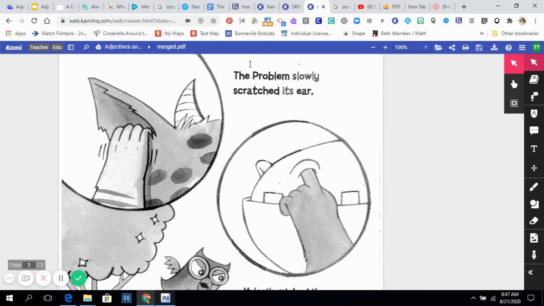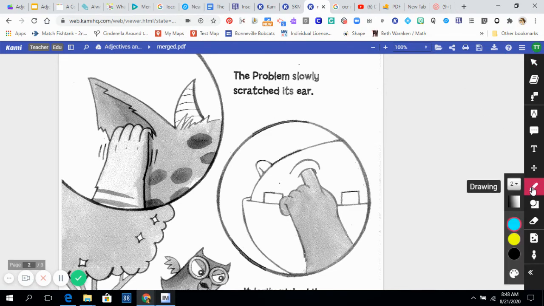The problem slowly scratched its ear. I see the noun determiner and the noun, problem. What did the problem do? It scratched. That's my verb. And look what's in between. Slowly, it tells how it was done. So I am going to mark this with a different color.